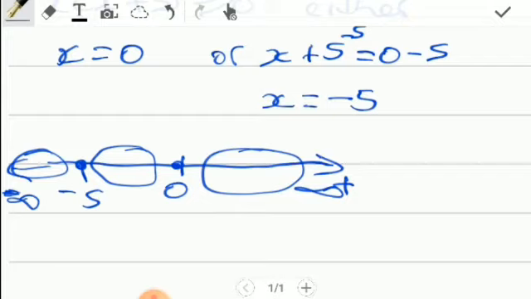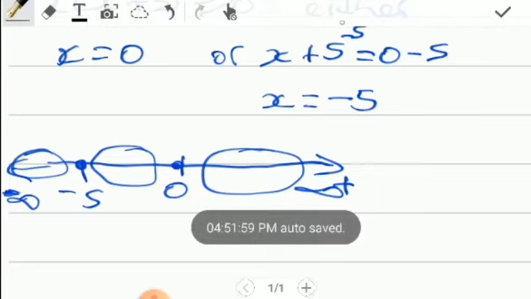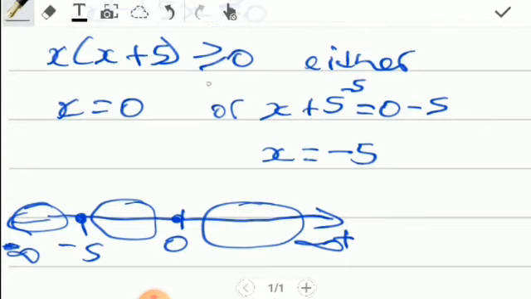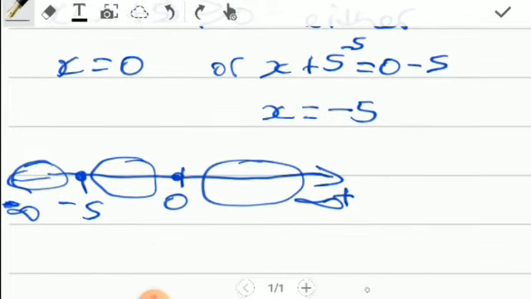We're going to try those numbers in the inequality to see when they are greater than 0, because this should be greater than 0, which means we're looking for a positive number. What numbers could we test? For any number less than negative 5, I could just test negative 6.